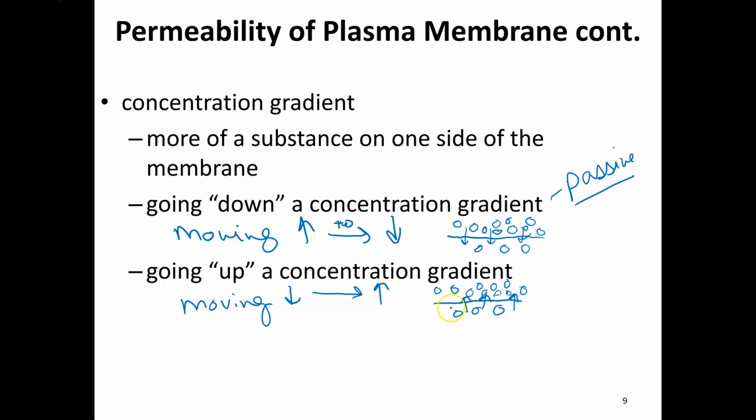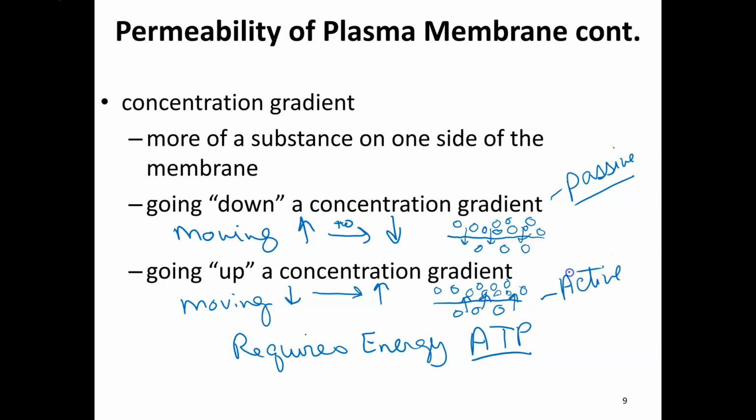So now we're moving from low to high concentration. This takes more energy, so it requires energy. The typical energy that it's going to use, again, is ATP. ATP is the energy currency of our cells. And so this is an active mechanism.